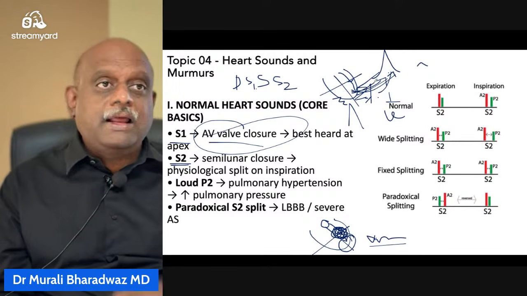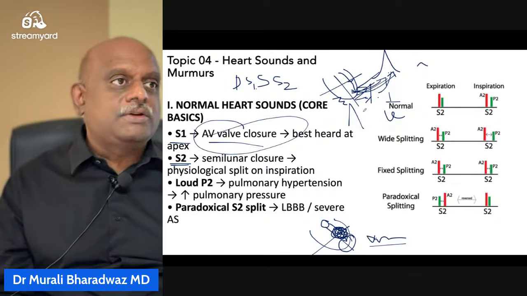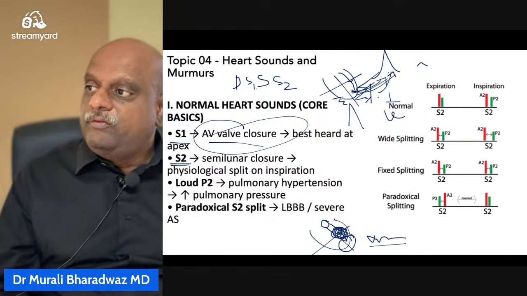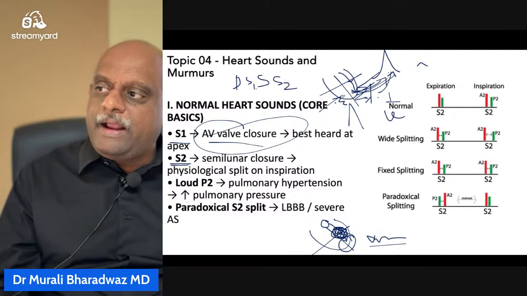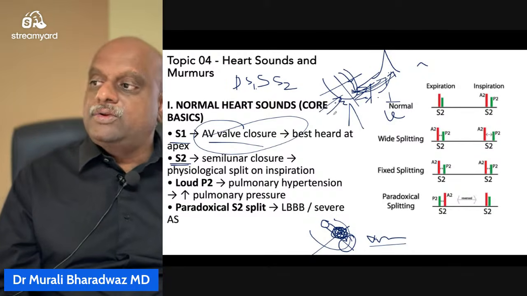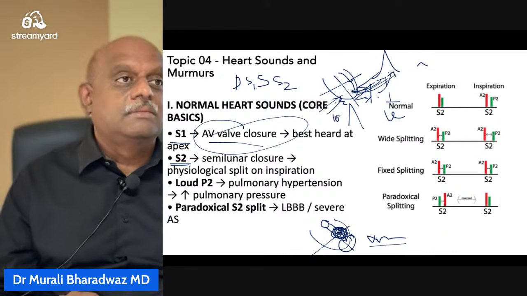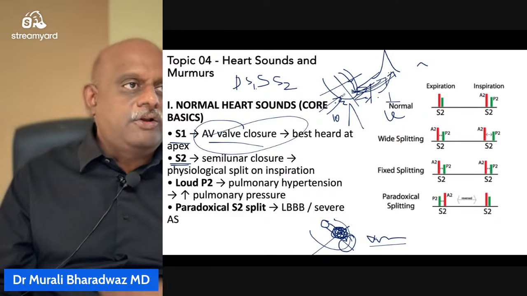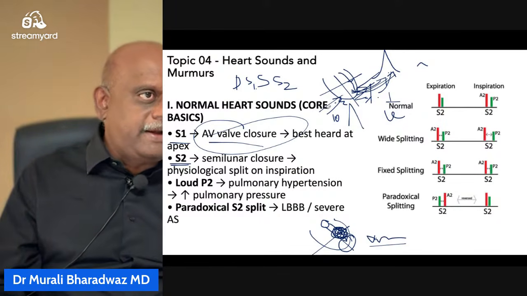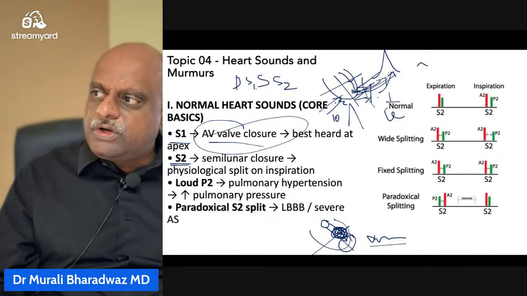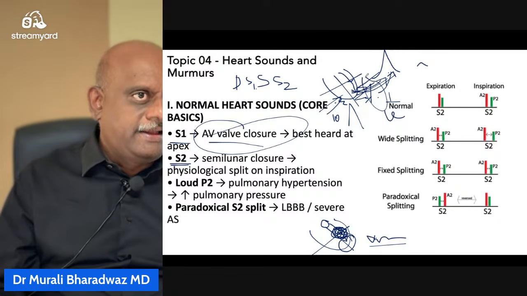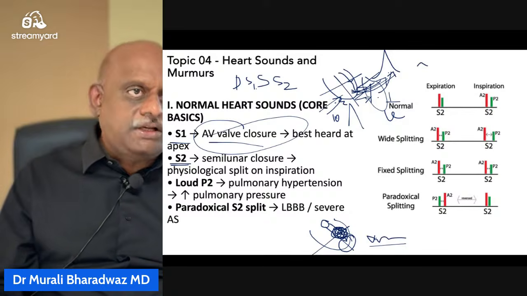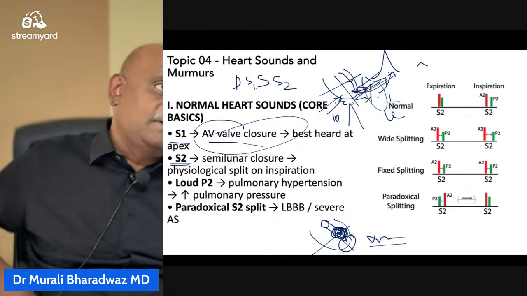Between the left ventricle and aorta, the pressure is how much? 120 systolic pressure. Whereas between the right ventricle and the pulmonary artery, it is only 10 to 15 systolic pressure. 120 is the systolic pressure in the aorta. That's the reason: will the aortic valve close first or the pulmonic valve close first?